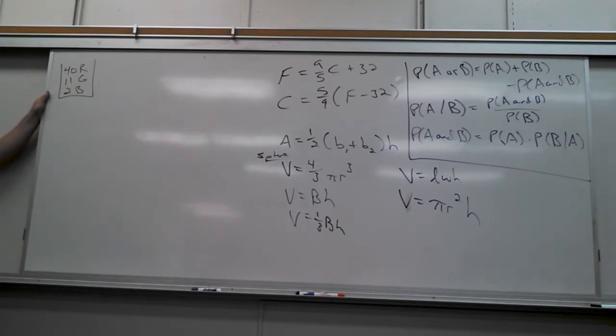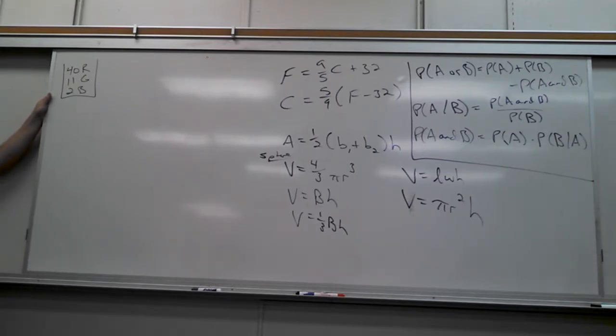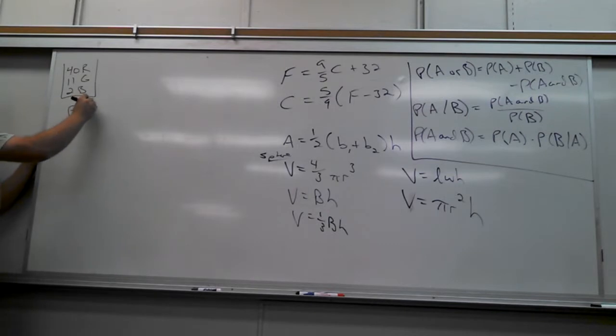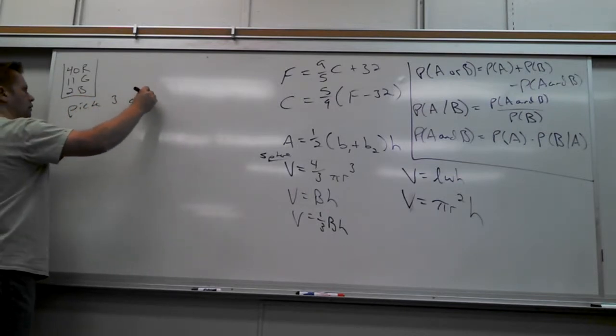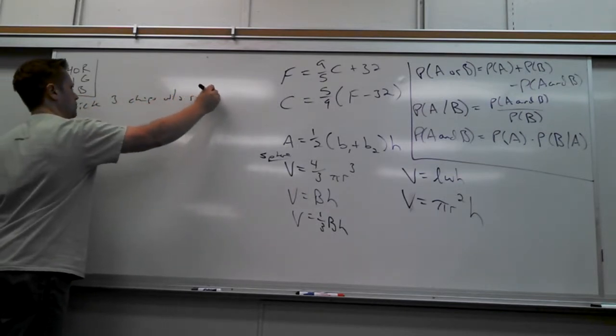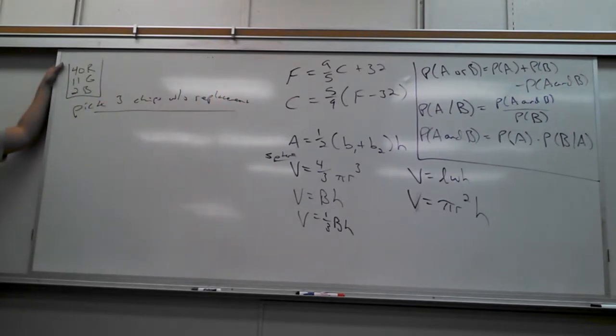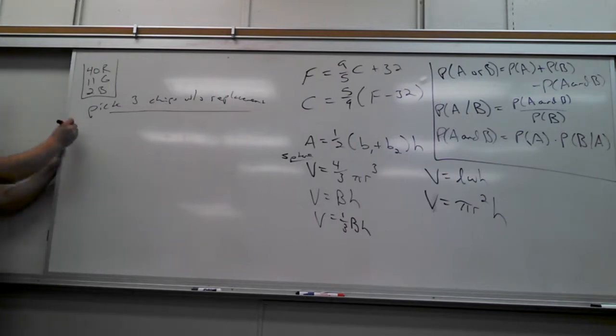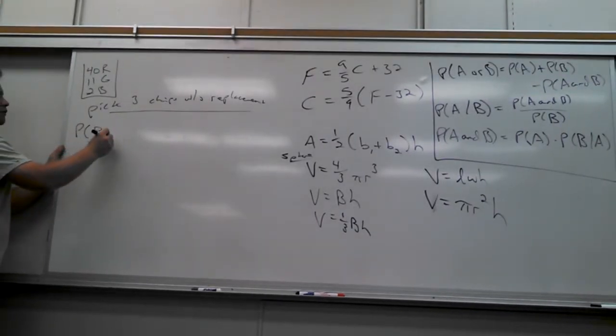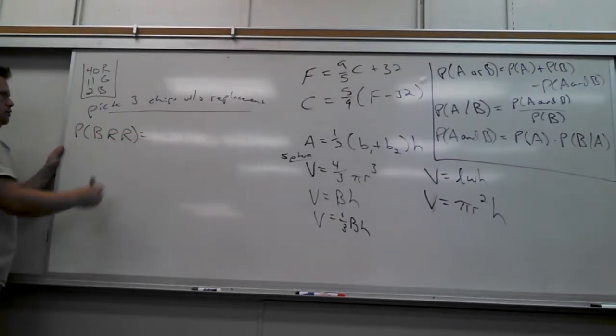Let's pick 3 poker chips without replacement, just to show you how the formula doesn't really care. Then I ask you, what's the probability I get a blue, and then a red, and then another red?